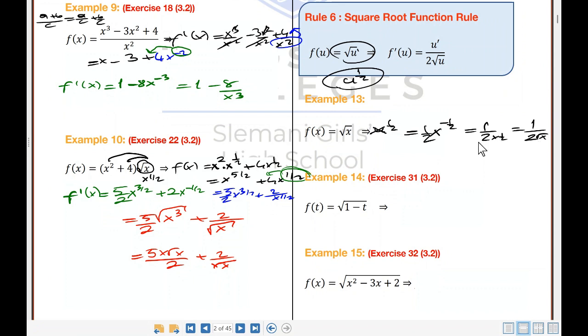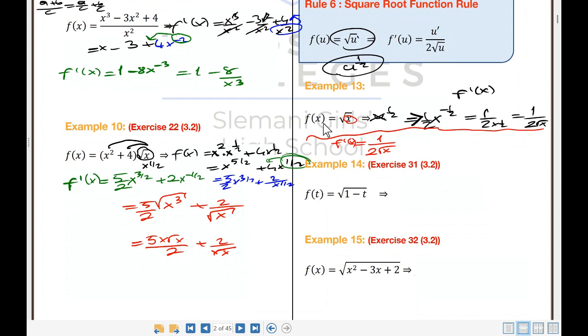That's what I get if I apply the power rule. If I apply the rule that's given here, the derivative of the inside, the derivative of x is 1, divided by 2 square root of x. Just one step. If I know the rule, it's much easier, as you can see. Instead of rewriting the function, taking the derivative, simplifying and so on, in one step I can answer the question.